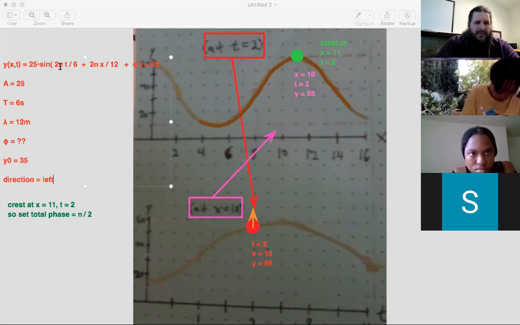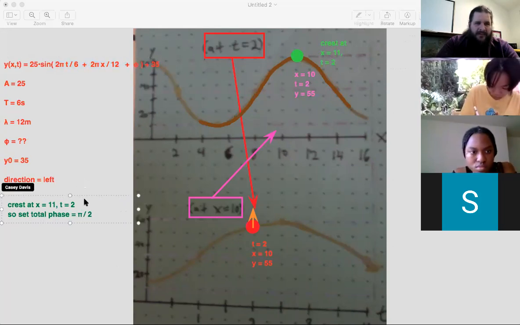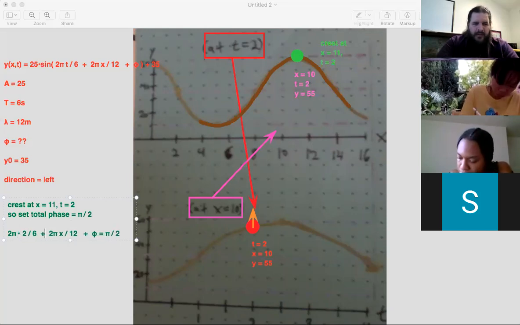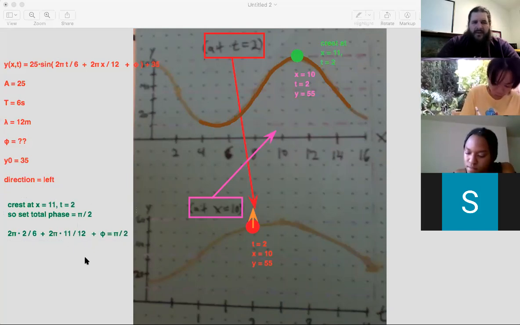If we take that total phase, 2 pi t over 6 plus 2 pi x over 12 plus phi, and set that equal to pi over 2, we can now fill in, we know t is 2, we know x is 11. We now have an equation with, what's the only unknown left here? Phase constant.